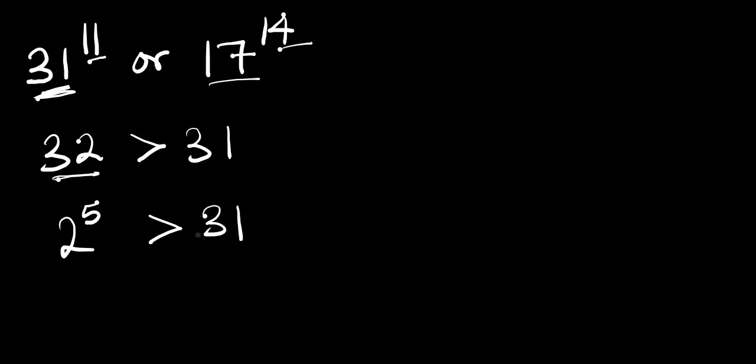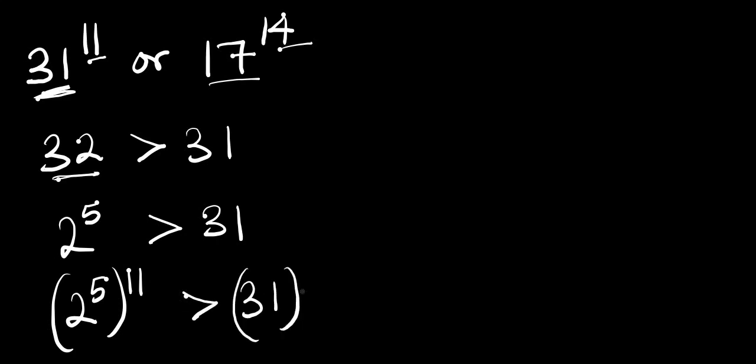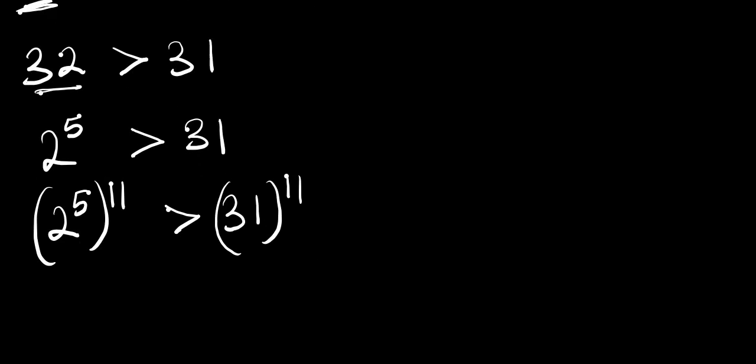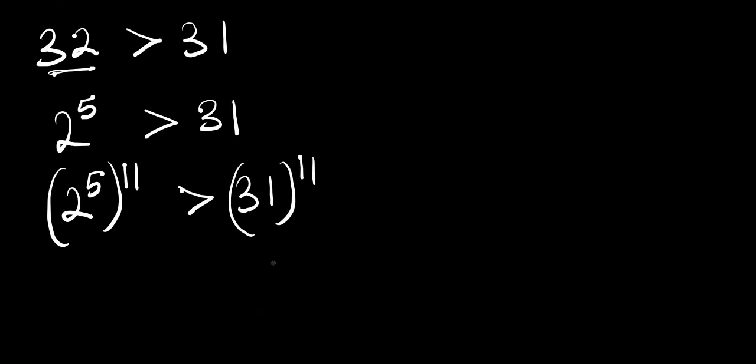Now, that also means if I have 2 to the power of 5 to the power of 11, it's also greater than 31 to the power of 11. Now let me apply this index rule.